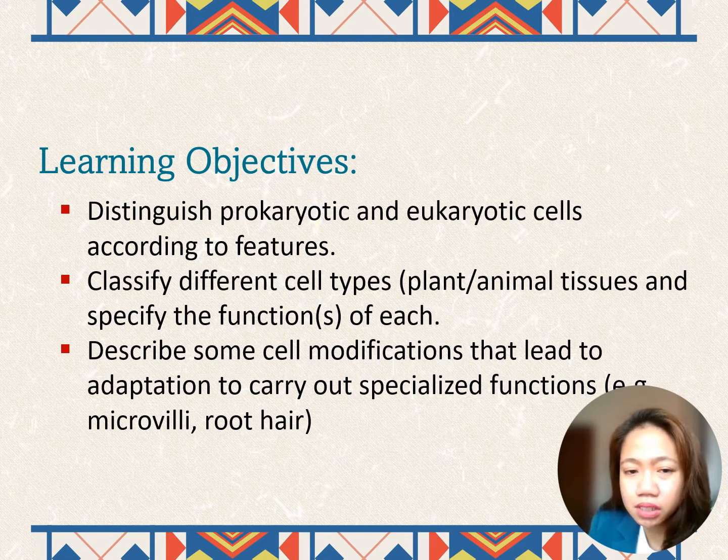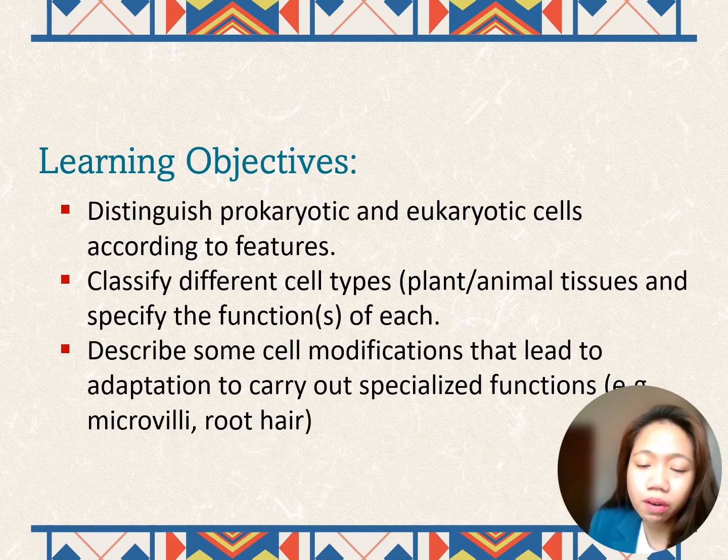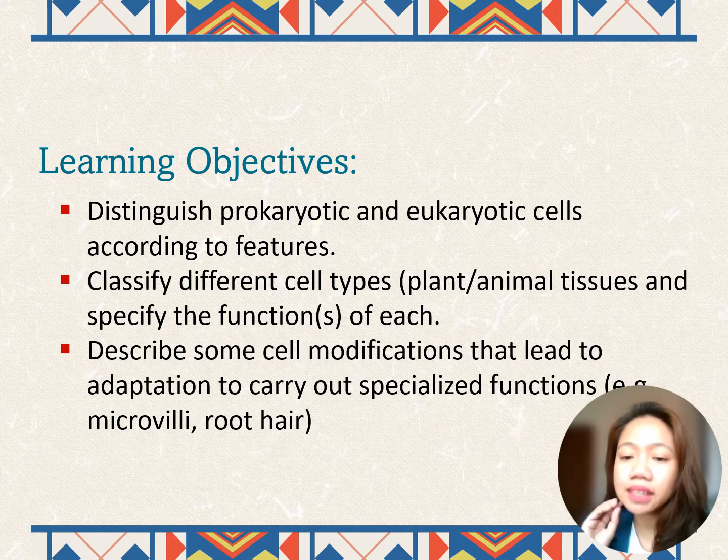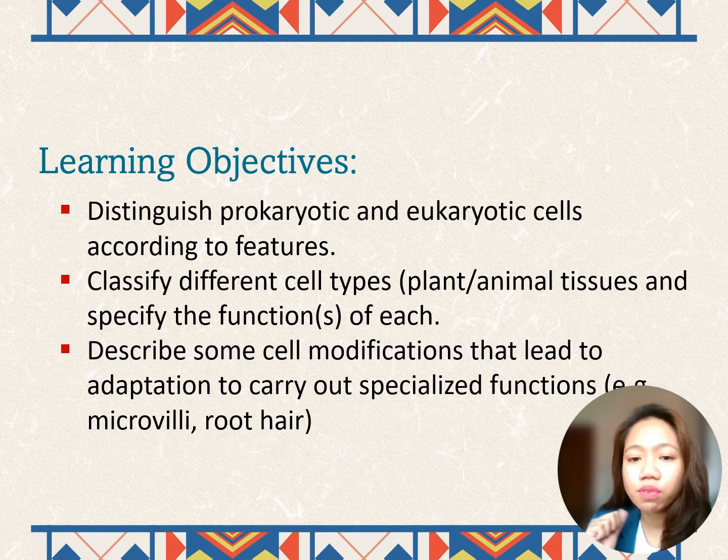Now we're going to discuss the signature or main characteristics of prokaryotic cells. Next, we will classify different cell types, namely plant and animal tissues, and specify the functions of each. We will also describe cell modifications that lead to adaptations. As we continue, we will be discussing unique characteristics that are present for prokaryotes, eukaryotes, plants, and animals.